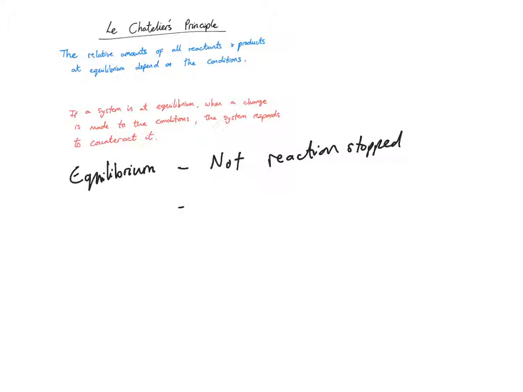If you have reactants that turn into products, in an equilibrium, it's reversible. So reactants turn into products, but products can also turn into reactants. Okay, so they can turn back the other way.